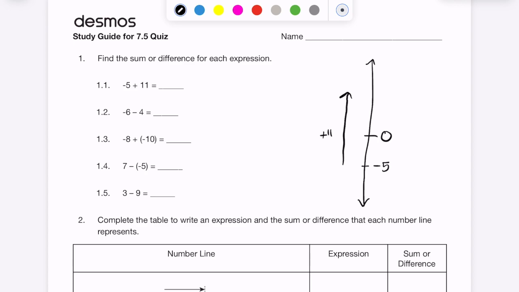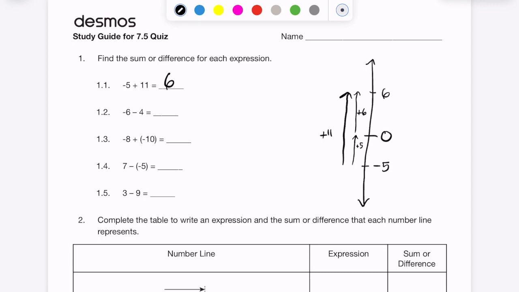First I can go up 5 to get to 0. Then we ask ourselves, how much more do we need to go up if we have to go up 11 total and we've only gone up 5? That's going to be 6. So we're going to end here at positive 6.